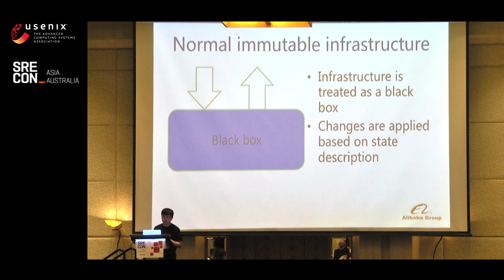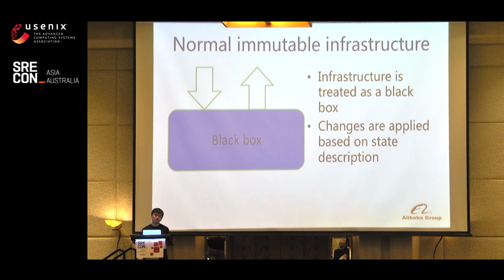What the user knows is just how to write the configurations and how to make the changes. The most important idea here is that you should never write the change in the description file. You should describe the states you want in the description file, because changes are very difficult to maintain.